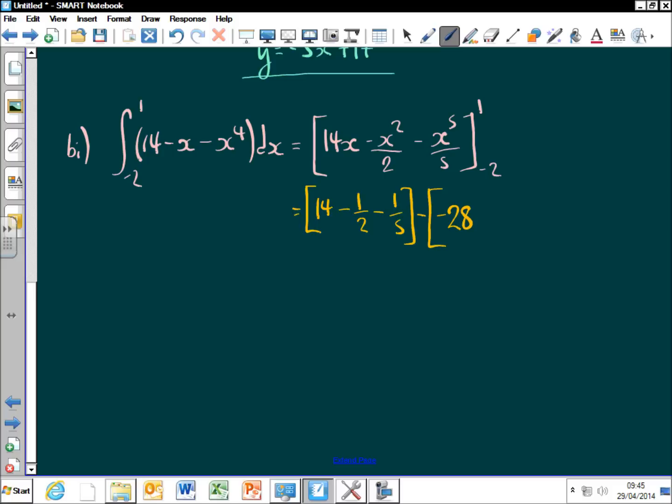When I sub in -2 into the x, it gets squared, so it's 4, minus 4 over 2, so let's take 2. And then when I sub in negative 2 into the x there, I get negative 2 to the power of 5, which is going to be minus 35 over 5, which is going to give me 7, and it's minus 7, and there's a negative in front of it, so I think that's going to be plus 7.